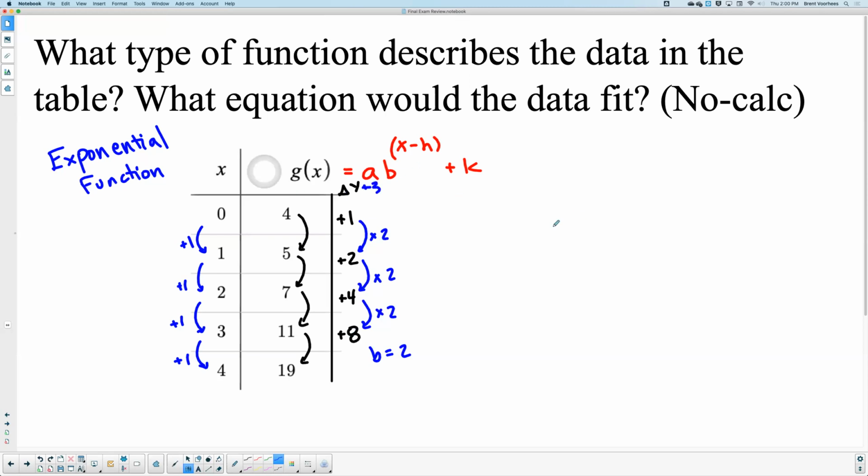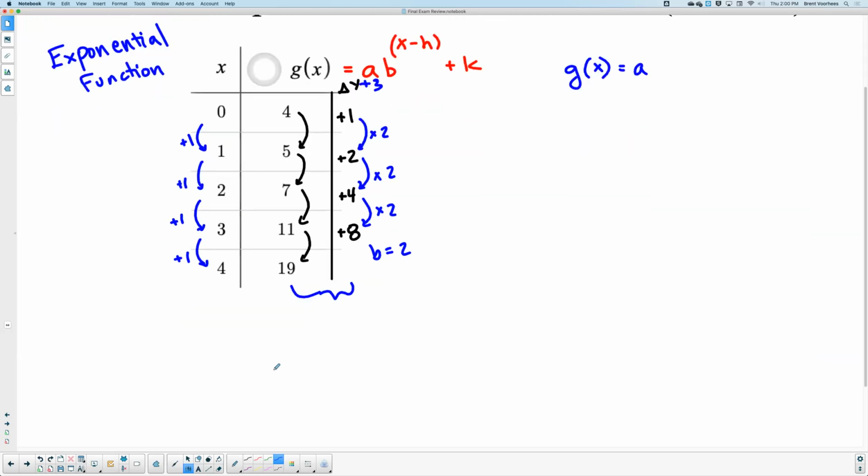What does that mean? When I write my equation, what I just determined is because I have to add 3 to this column to make it be this column here, this is a +3. So here's what we now have. We have g of x equals a, and we know our a is actually 1 since there's no multiplier, since these are the same amount off. Let me put the note here: a equals 1 since g of x equals change of y plus 3 without a multiplier.